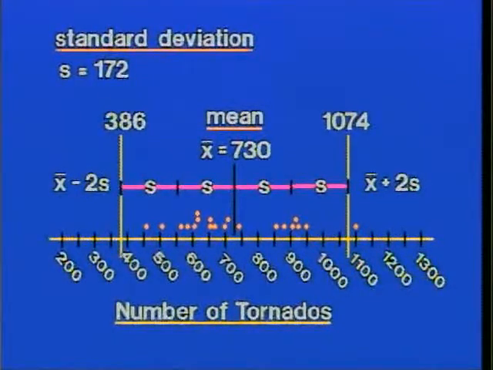And the interpretation of the situation is that at least 75% of the years will have between 386 and 1,074 tornadoes. Now, for our example, many more years than that fall within this range. But nonetheless, Chebyshev's theorem says at least that many will occur in this range.